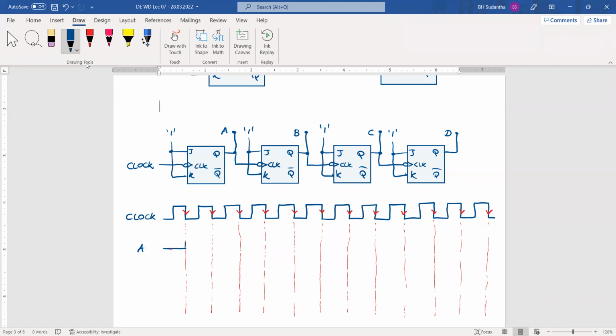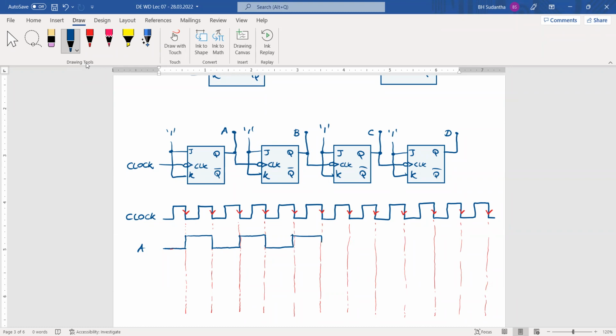At the falling edge, it changes to logic 1, and stays there until the second clock falling edge. At the second falling edge, it changes back to 0 and remains there until the third clock pulse falling edge. And after that, it goes up and comes back.